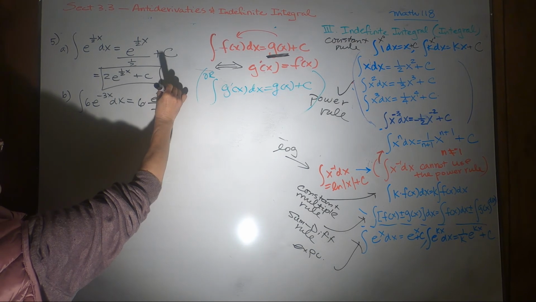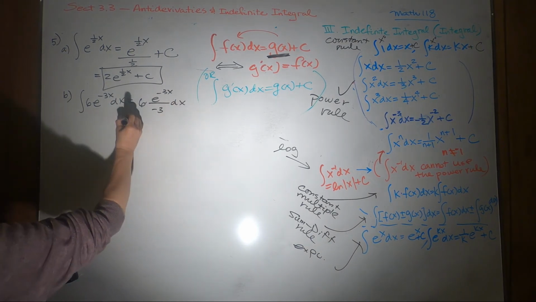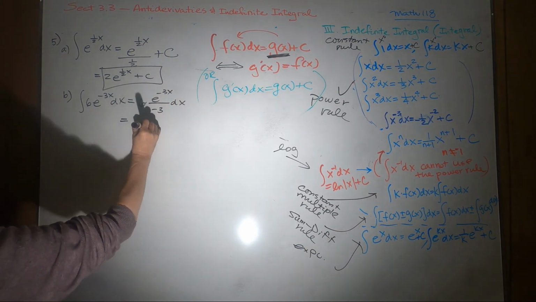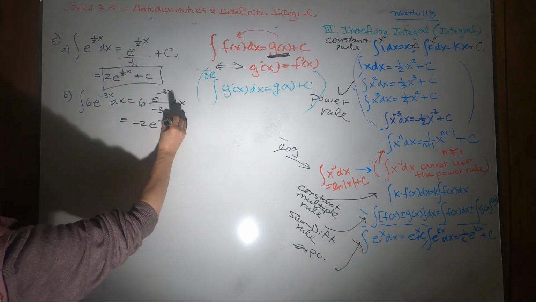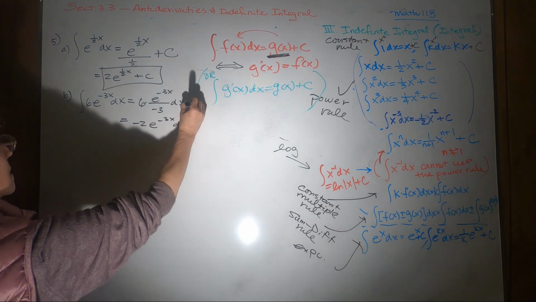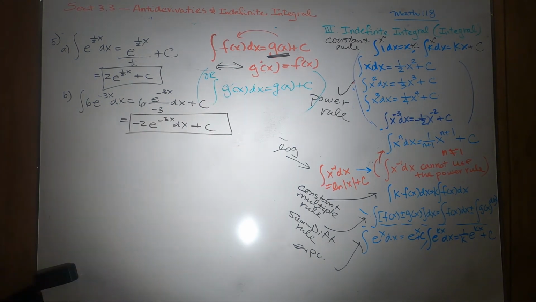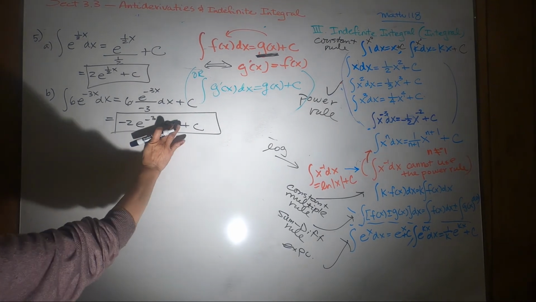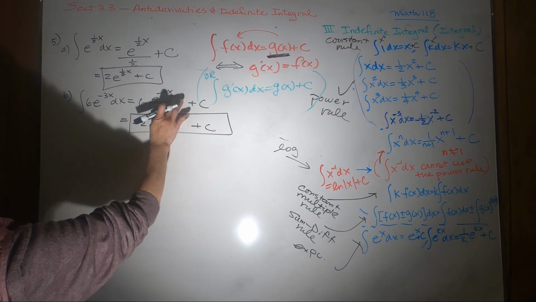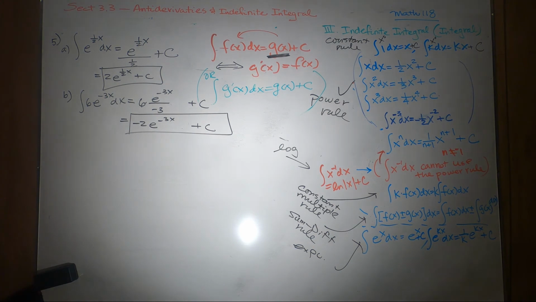So the answer should be negative 2e to the negative 3x, plus the arbitrary constant. Oops, we don't need the dx anymore, sorry. We already integrated, right?